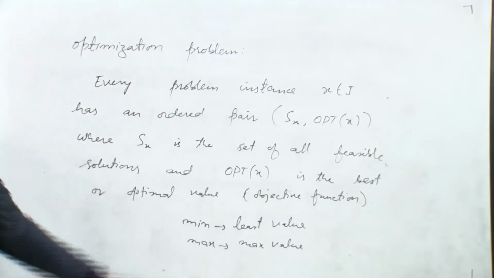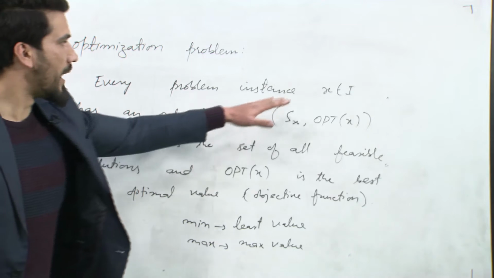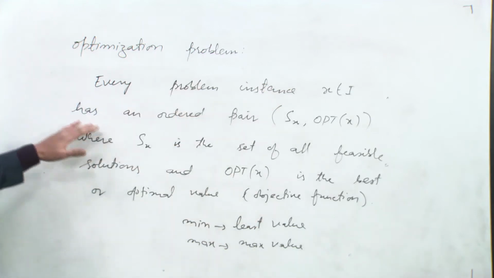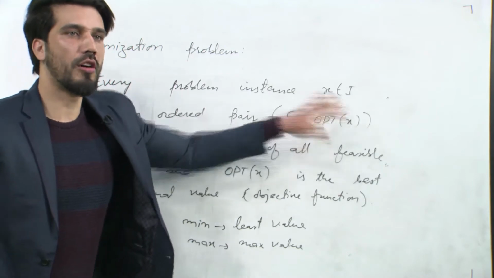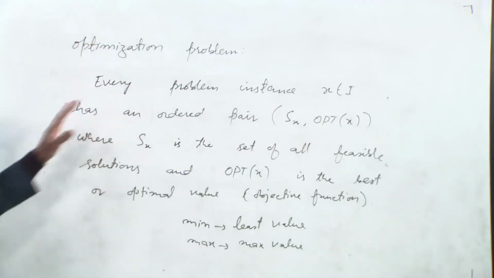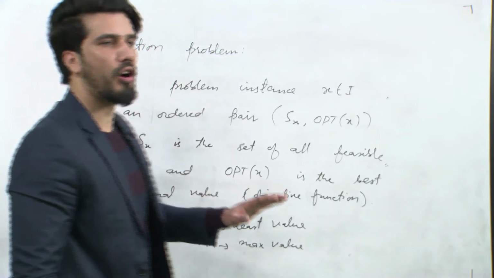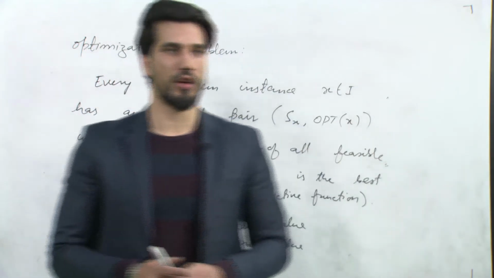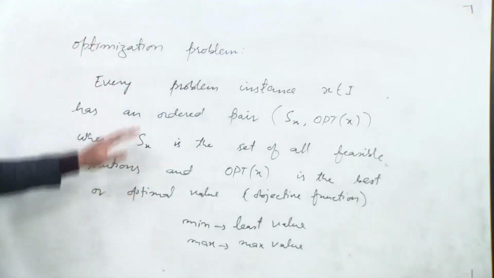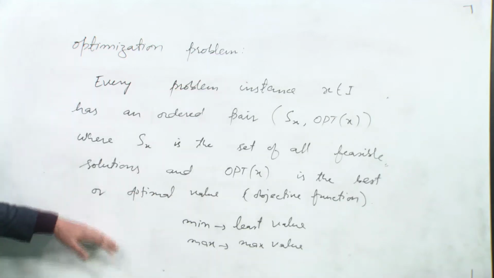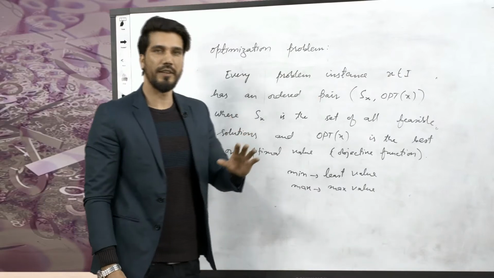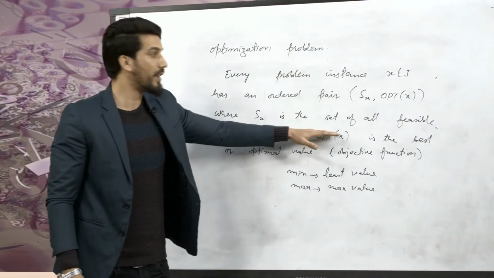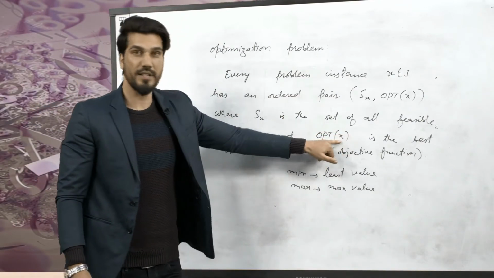So every problem instance x, which belongs to I, has an ordered pair S(x) and opt(x). S(x) consists of all the feasible solutions, all the solutions that this problem instance can have. But our main concern and our main focus here is to find the optimal value for the problem instance x.